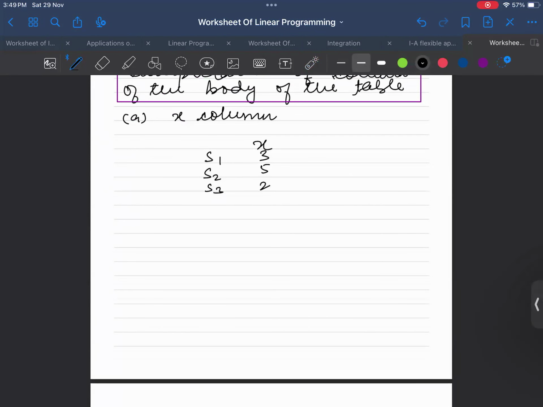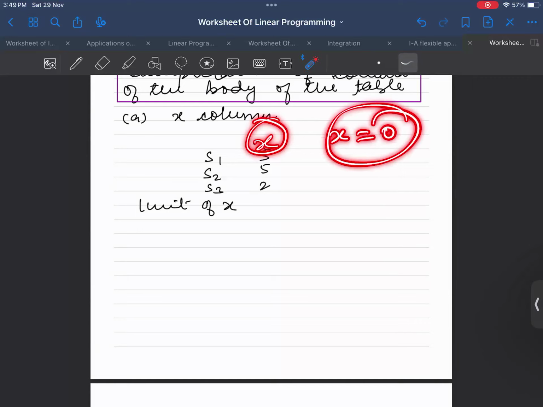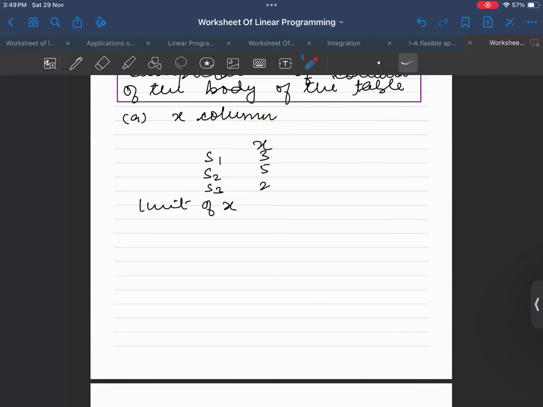Okay. Now, how do I explain it? If one unit of x is introduced in the solution. As of now, x is 0 in the initial basic feasible solution. If we introduce 1 unit of x into the solution, we need to sacrifice 3 units of S1, which means S1 decreases by 3 units.